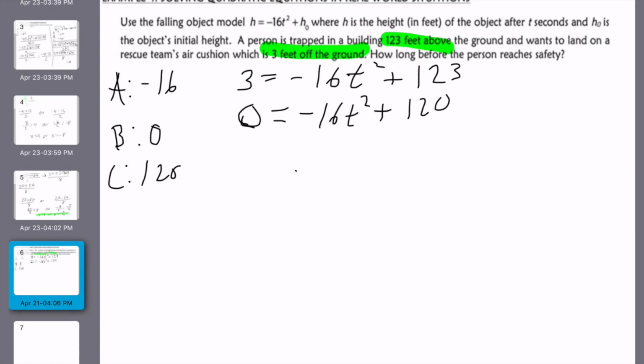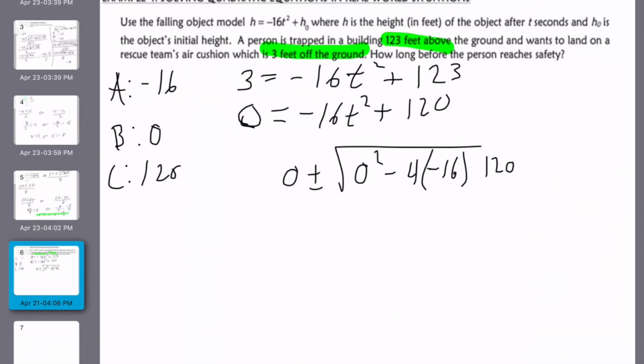So I'm going to have 0 plus or minus the square root of 0 squared minus 4 times negative 16 times 120, all of that over 2 times negative 16.